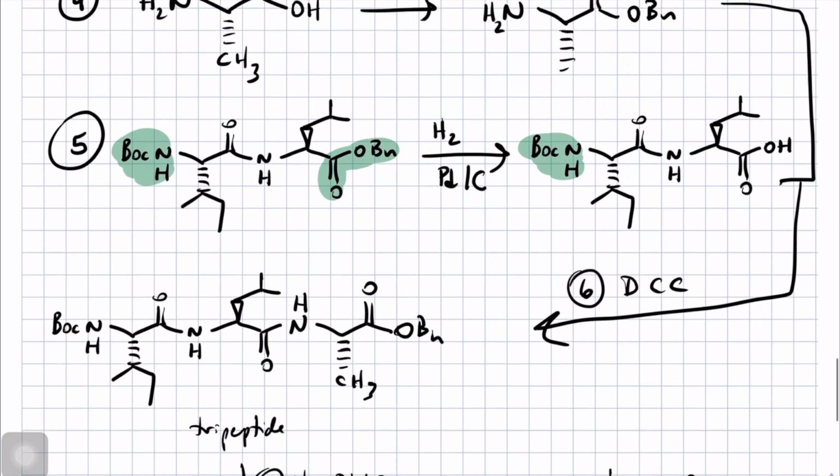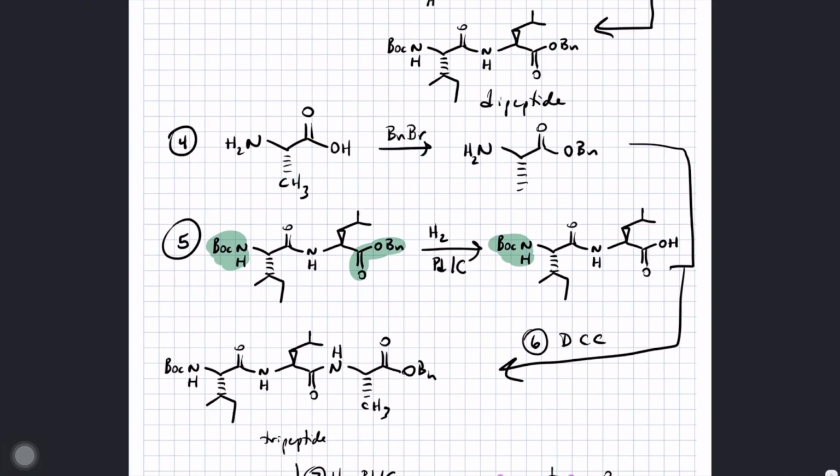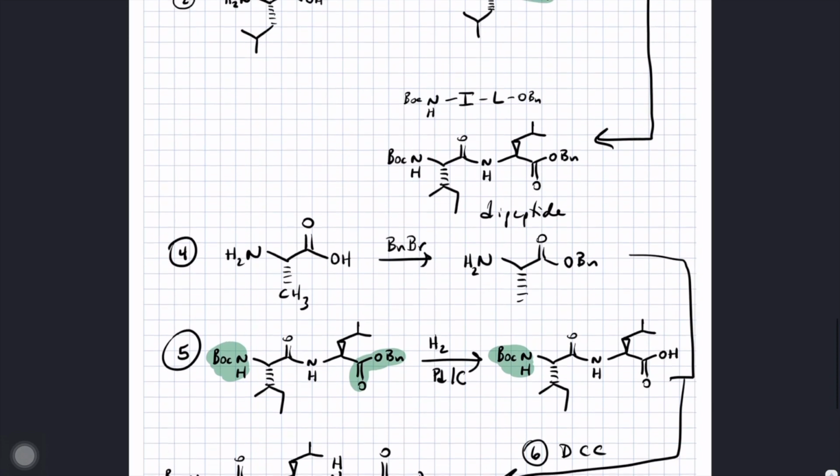And this is okay because the protection reactions are very efficient, close to 100%. But there are some challenges, and we want to talk just briefly about those challenges. We'll go ahead and assume that the protection and the deprotection steps are about 100% yield and no purification is necessary.